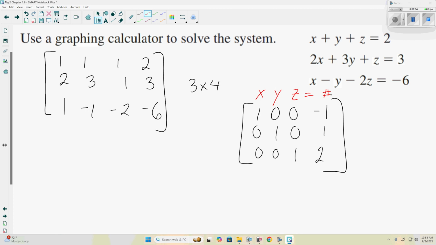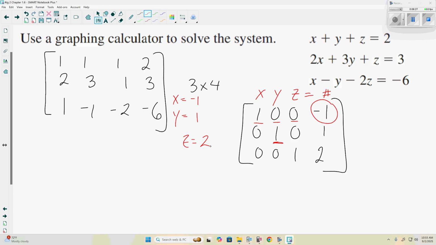So in the top row, that 1 in the x spot tells us we have one x, we don't have a y, we don't have a z, and it equals negative 1. So x here is negative 1. The middle one, our y has a 1, and it's going to be equal to 1, and z is 2.